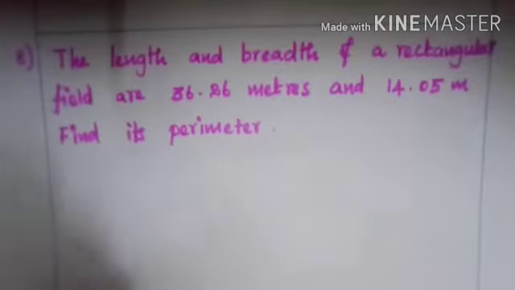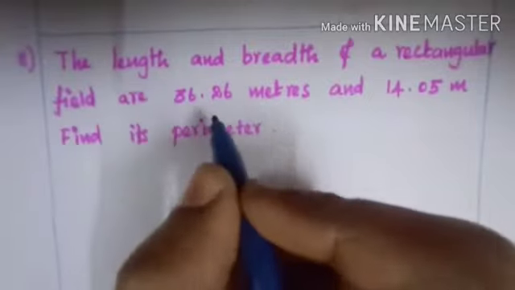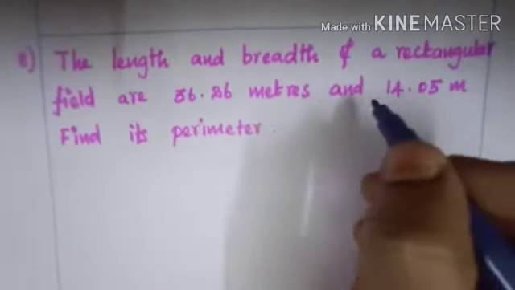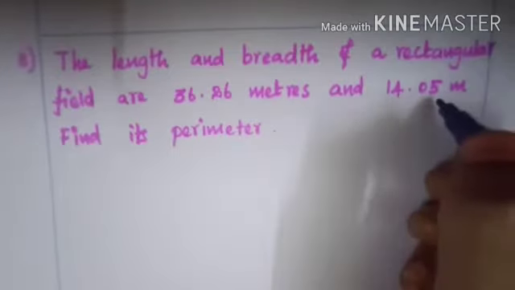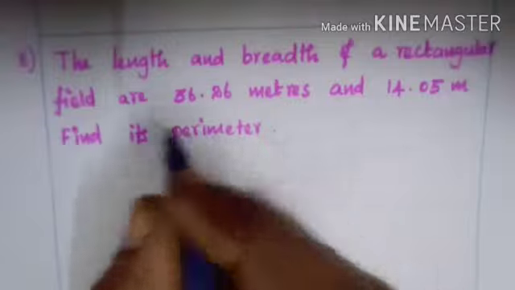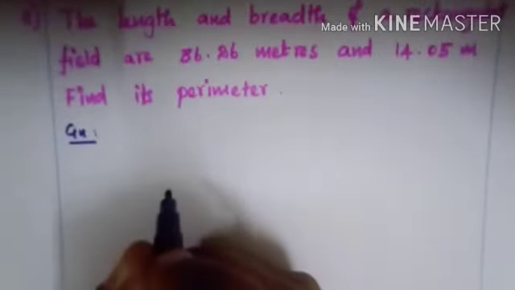Second sum. The length and the breadth of the rectangular field are 36.26 meters and 14.05 meters. Find the perimeter. Given. What is given in that sum?